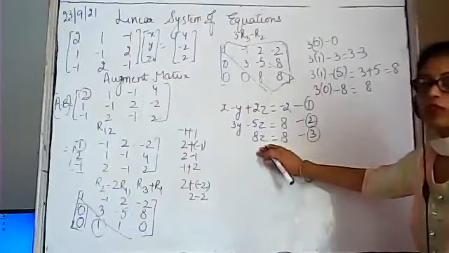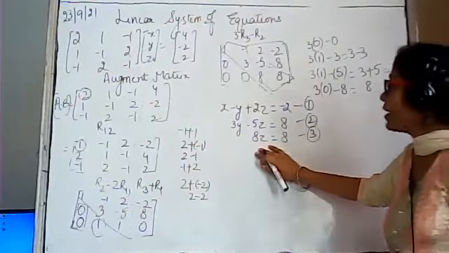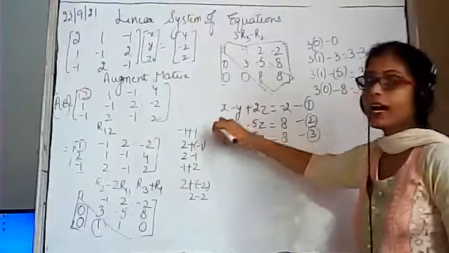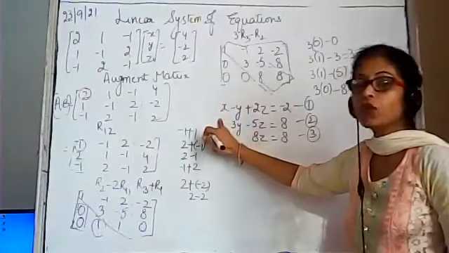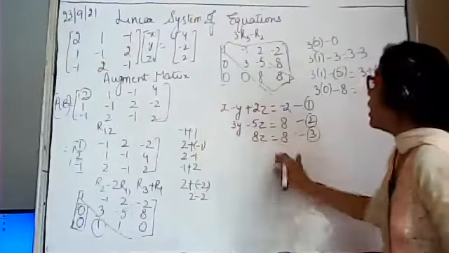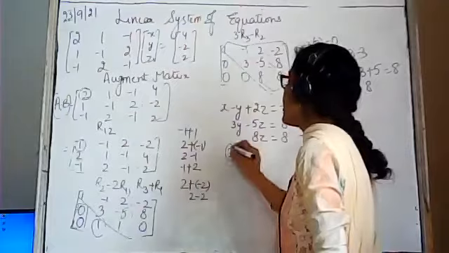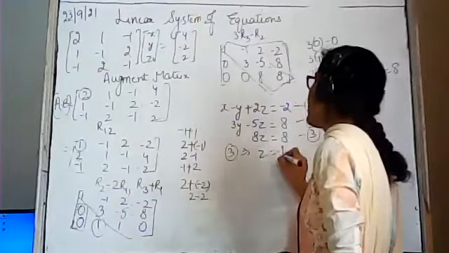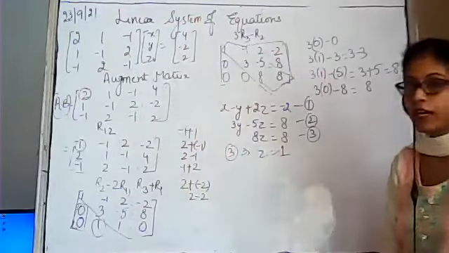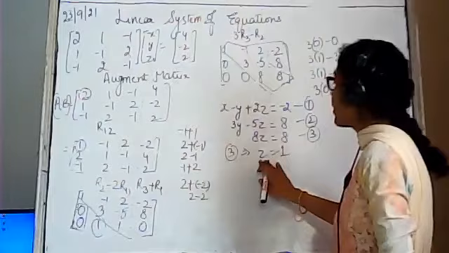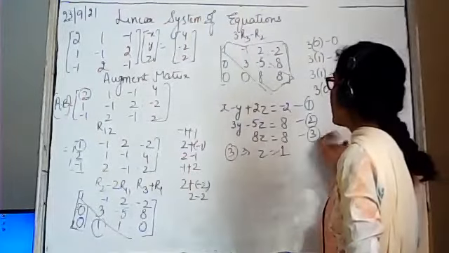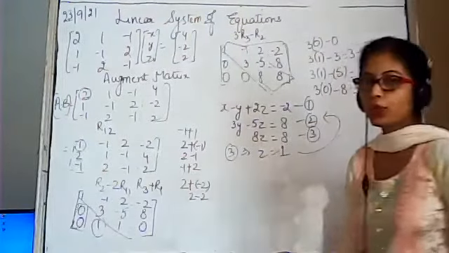After that, we are going to find the values of z, y, and x, and this process is known as back substitution. How can we find it? From equation number 3, you can find the value of z. Substitute this value of z in equation number 2.